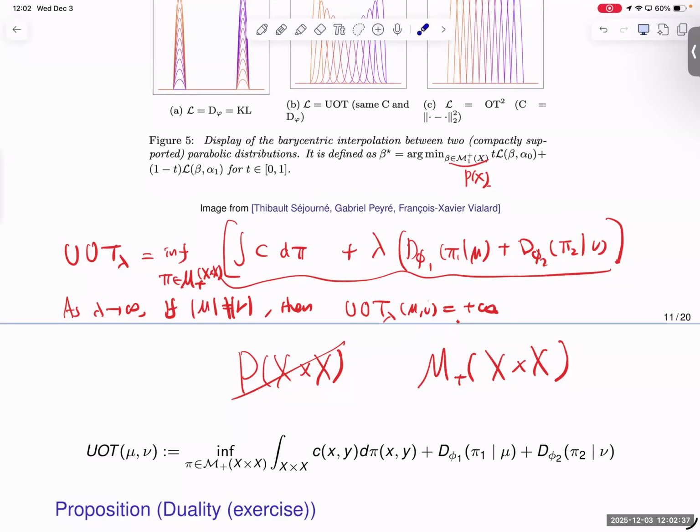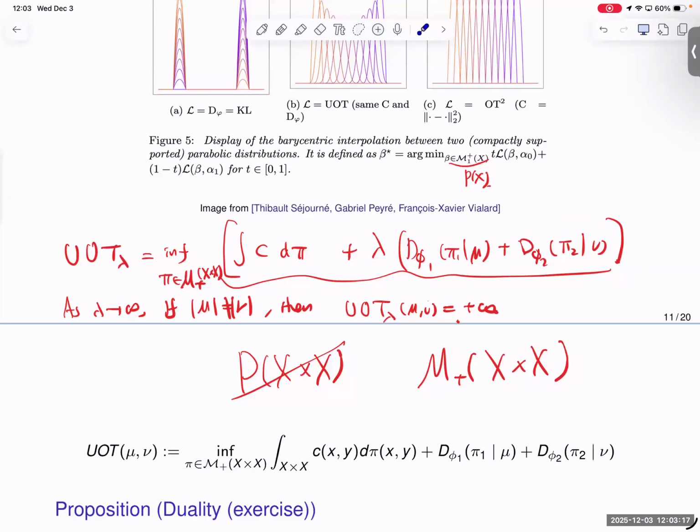But then if you look at this part, I think there should be some condition on phi, so as to avoid mass being too large. Otherwise, you can just keep increasing your mass, right? But another thing to consider is because this mu and nu are fixed measures, you cannot make this pi 1, pi 2 arbitrarily large in terms of density. So that restricts the freedom of pi, and it gives the compactness.